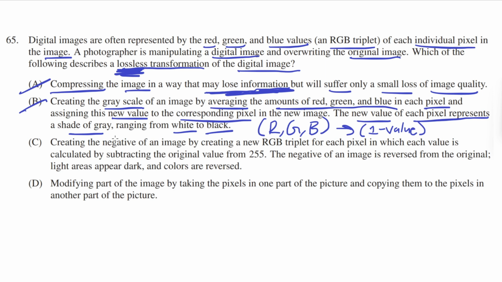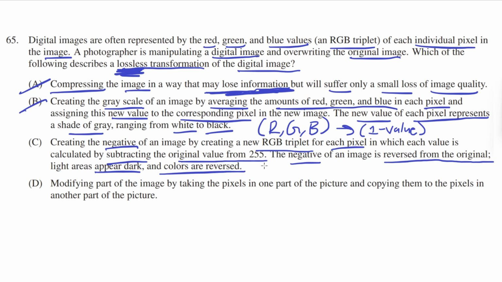C says creating the negative of an image by creating a new RGB triplet for each pixel, in which each value is calculated by subtracting the original value from 255. The negative of an image is reversed from the original, light appears dark, and colors are reversed. So this is an example of a lossless transformation because we can easily revert from the new RGB values of each pixel back to the previous because all we did was subtract the original value from 255.